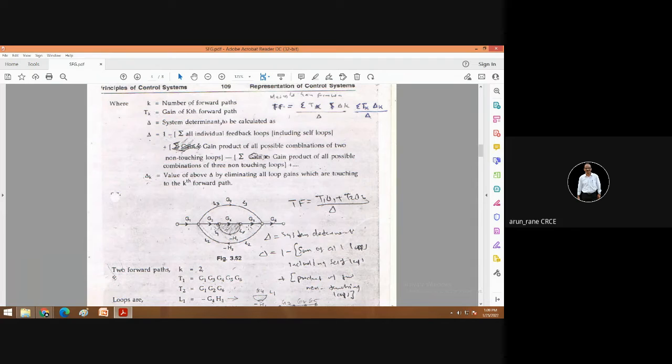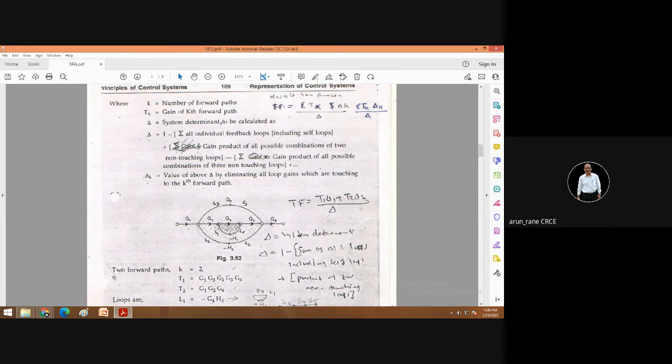One is like this and another is like this. Look at the arrow. This is forming a feedback loop, and this again is forming a feedback loop. So the number of forward paths is 2.